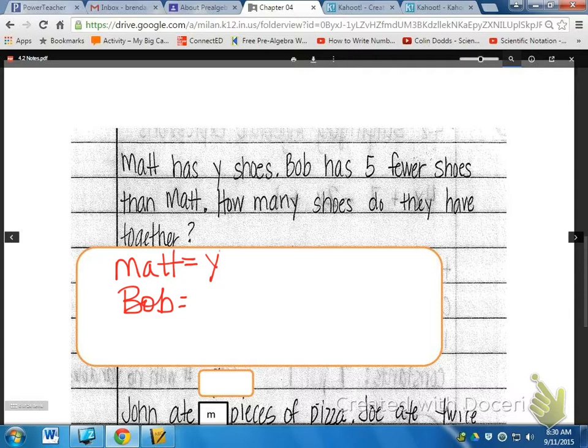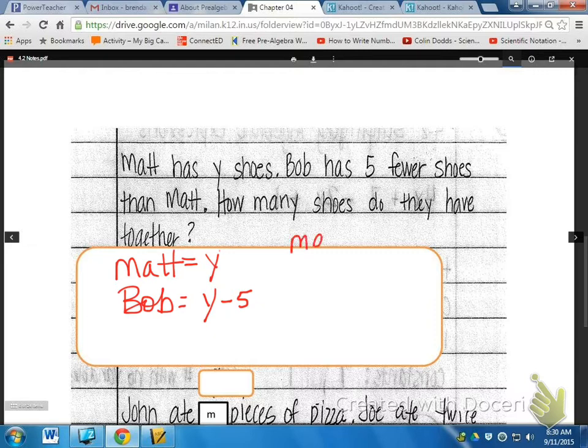If Matt is Y, how could 5 fewer than that look? Y minus 5. That's exactly right. Does everybody understand? 5 fewer than Matt, so 5 fewer than Y. Y minus 5.